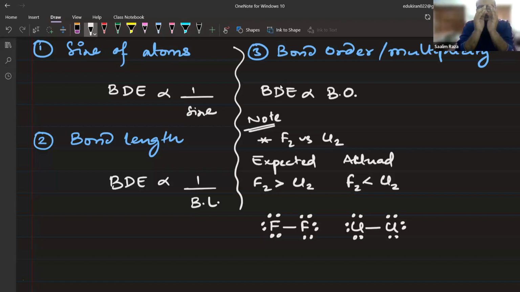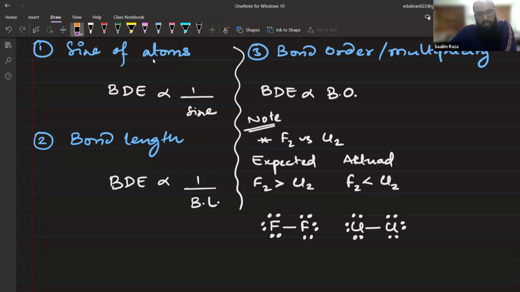But fluorine is very small. अब बहुत छोटी जगह में if you are going to put too many lone pair electrons, if you are having a large number of electrons, the electrons will be repelling each other. And because of this electronic repulsion in the fluorine atom, which happens because of its small and compact size, it is very easy to break the fluorine molecule.